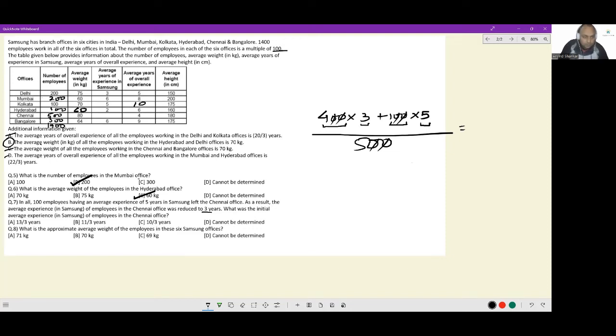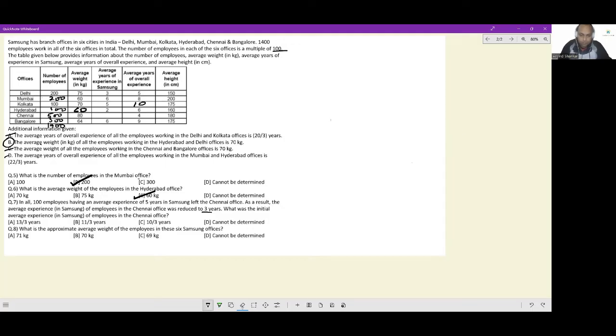Chennai office, 100 employees having an average experience of 5 years in Samsung left the Chennai office. As a result, the average experience in Samsung of employees in the Chennai office was reduced to 3 years. What was the initial average experience of employees in the Chennai office? I think I have misinterpreted.